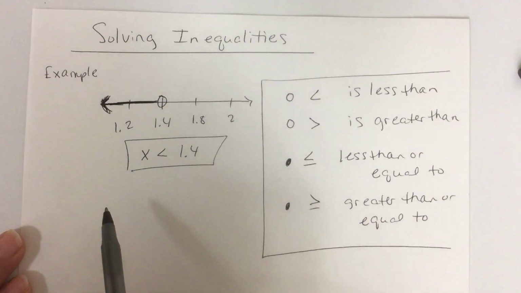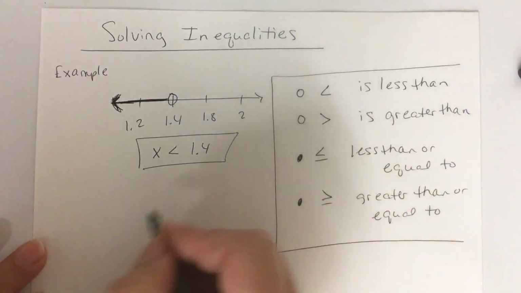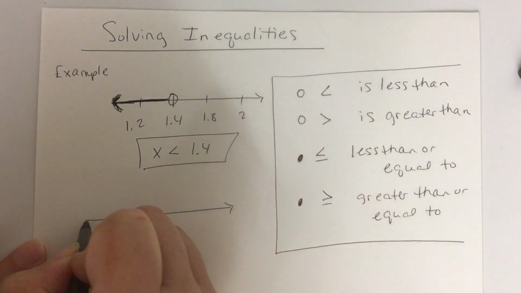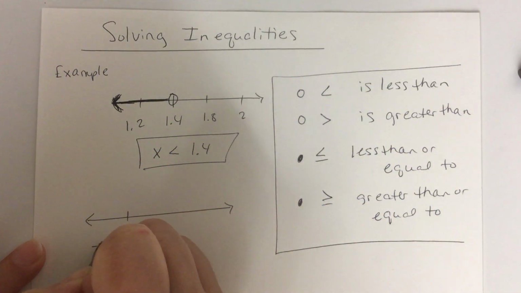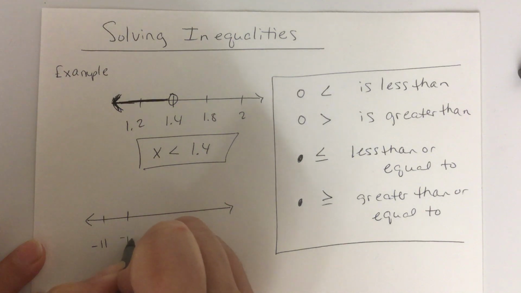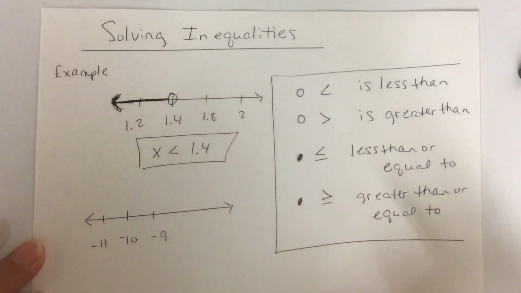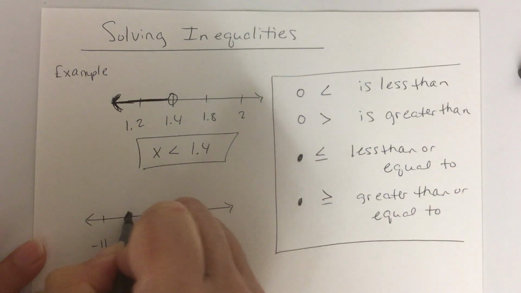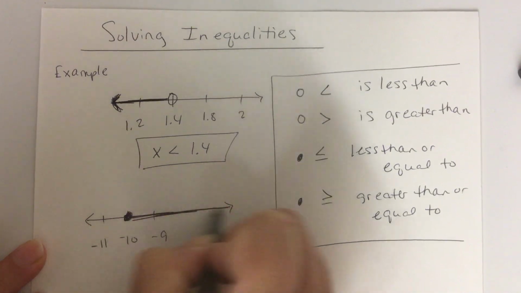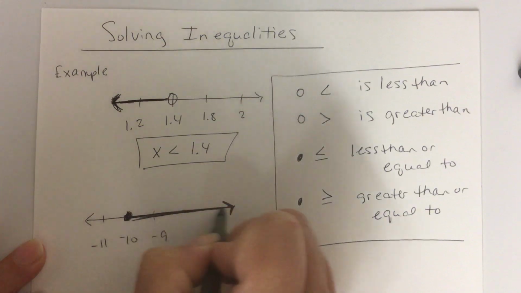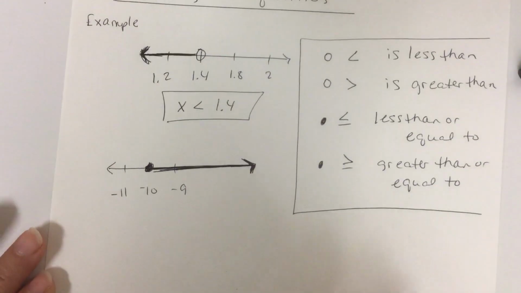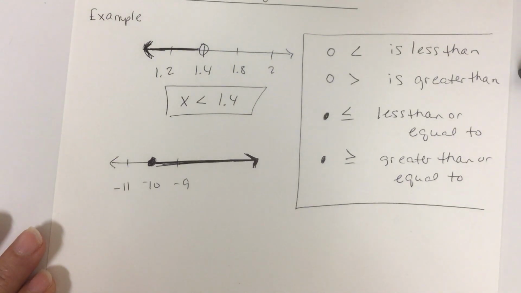Okay, so then the next example, you do this one. And so I've got, this might be negative 11, this is negative 10, this is negative 9, and we have a closed dot. And we're talking about all of the numbers over here. Okay, so you go ahead and take a second and write down what you think that is, and then I'll put the answer down.